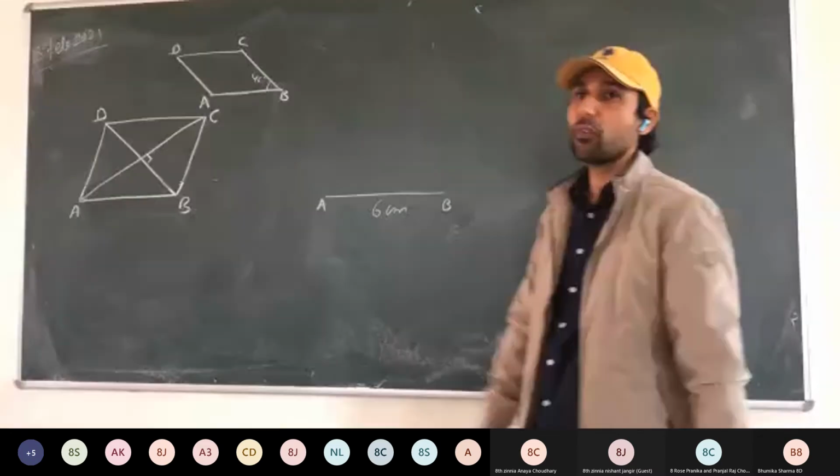Now, 45 degrees. How to draw 45 degrees? So we have to draw 90 degrees and bisect it.